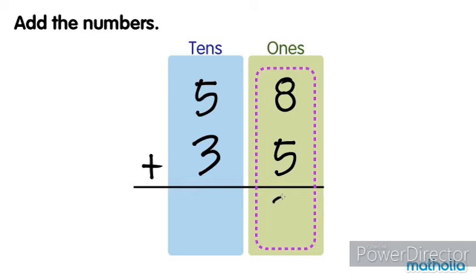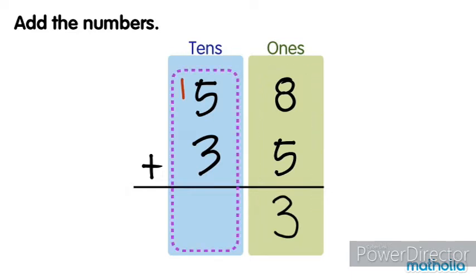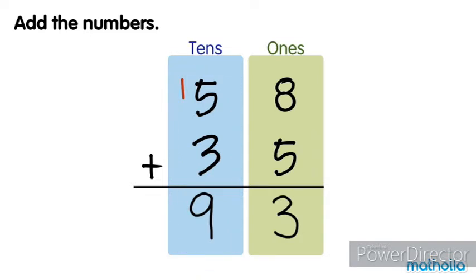We write the 3 ones in the ones column and the 1 ten in the tens column. Now let's add the tens. 1 ten plus 5 tens plus 3 tens equals 9 tens. 58 plus 35 equals 93.